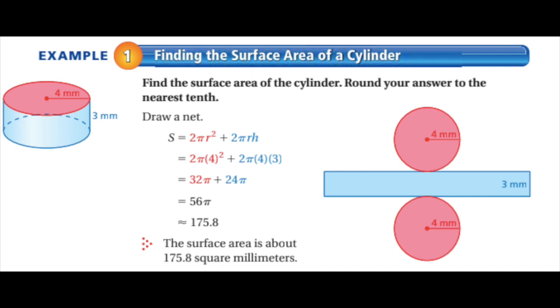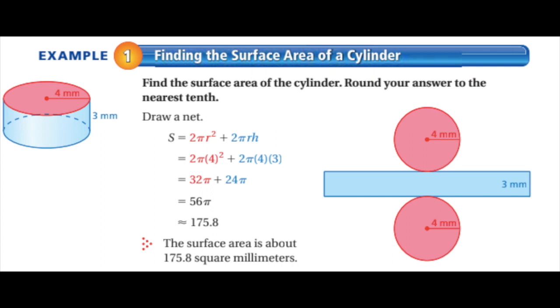When we look at that cylinder, we can see that the radius is 4 millimeters, and the height of the cylinder is 3 millimeters. When we utilize that formula, surface area is equal to 2 pi r squared plus 2 pi r h, we substitute in the numbers that we have for the radius and the height. So you can see that they substituted the radius for 4 and then the height for 3.